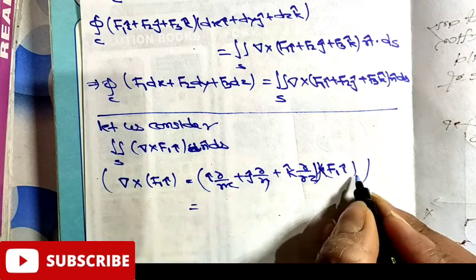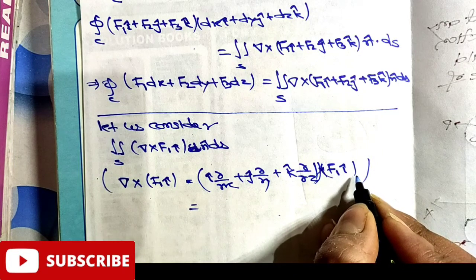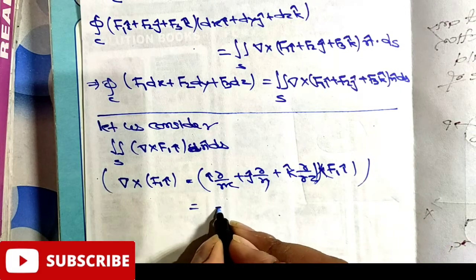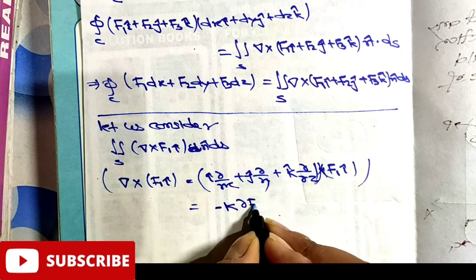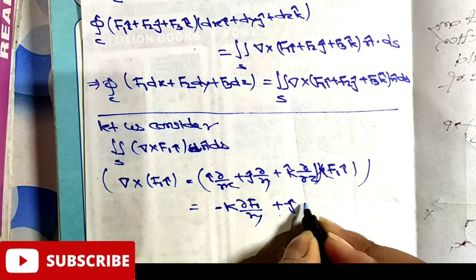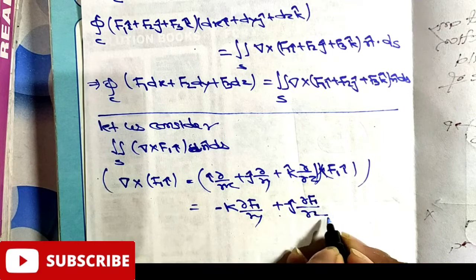Then i cross i is 0, j cross i is minus k del f1 upon del y, and k cross i is j del f1 upon del z.